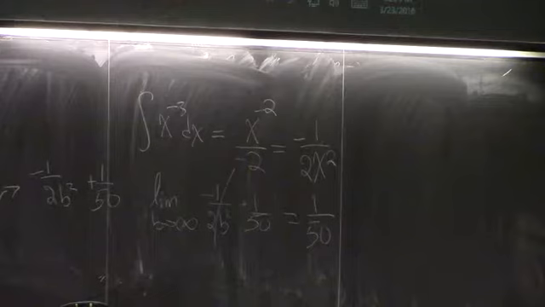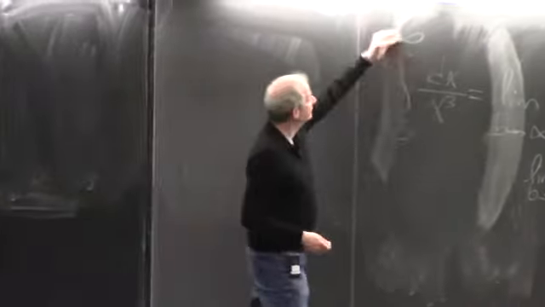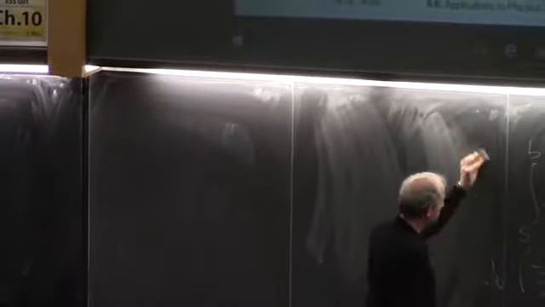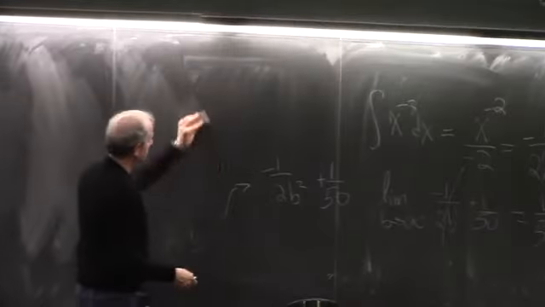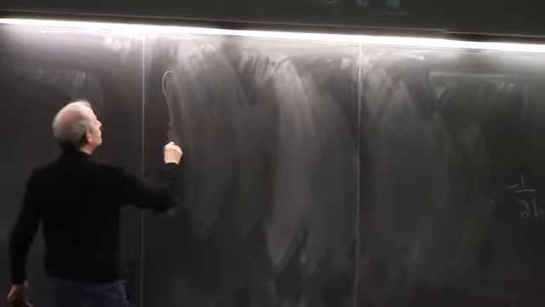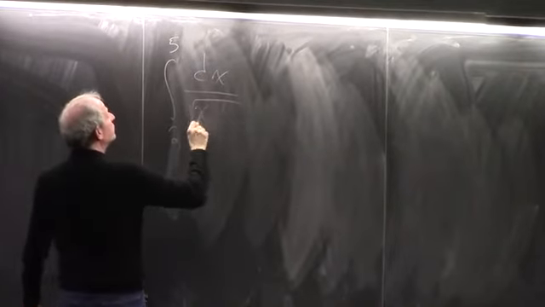These are integrals where you have a problem, essentially of a discontinuity. Suppose you had the integral from 2 to 5 of dx over the square root of x minus 2.